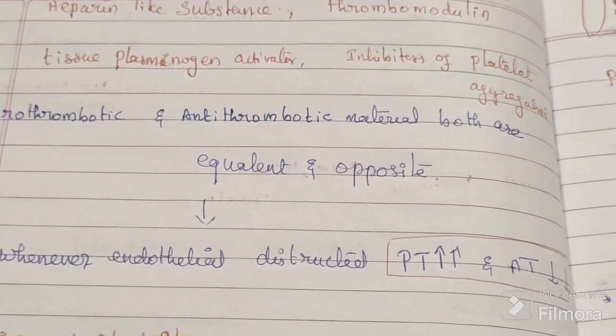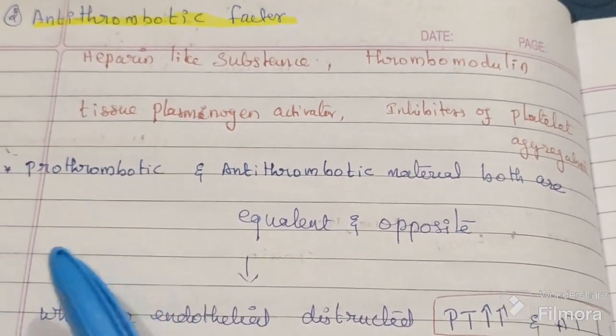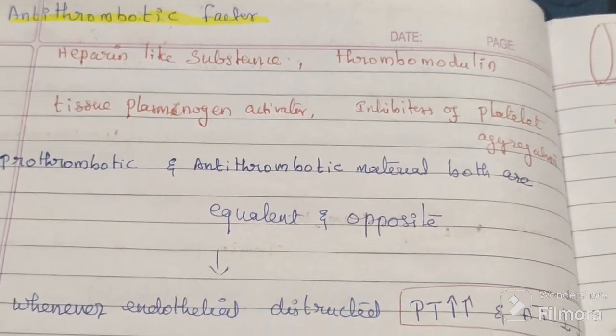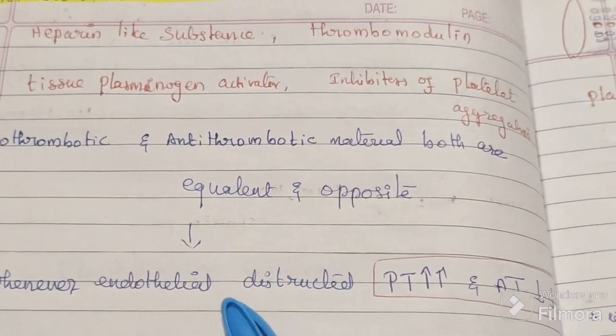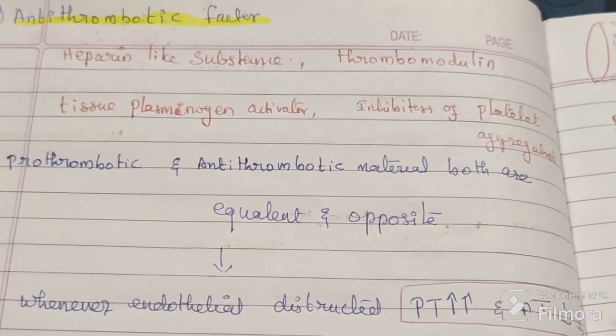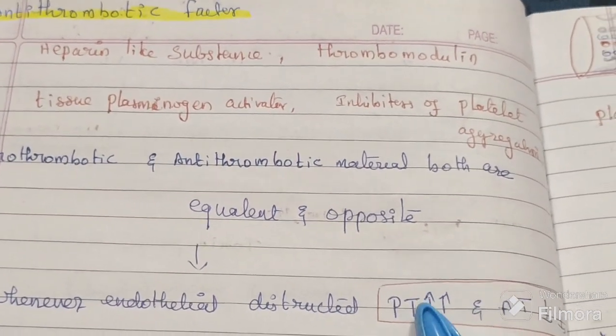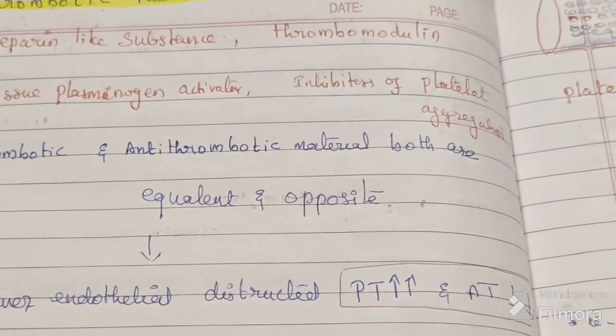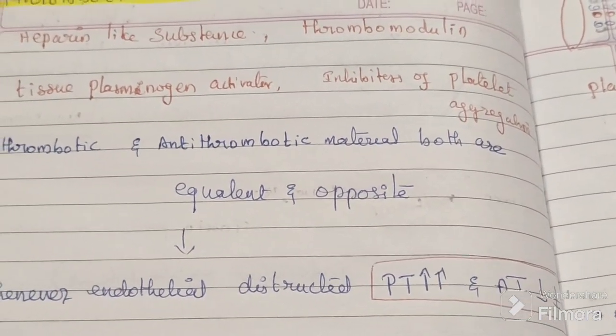So whenever the endothelium is intact, both prothrombotic and antithrombotic are equal and opposite. But whenever the endothelium is affected, at that time prothrombotic factor increases, antithrombotic factor decreases, so the imbalance causes injury.